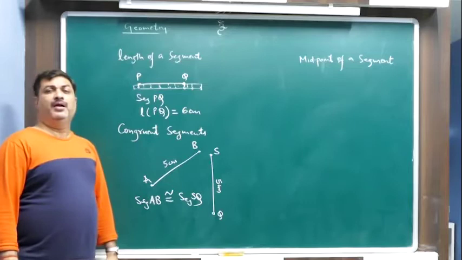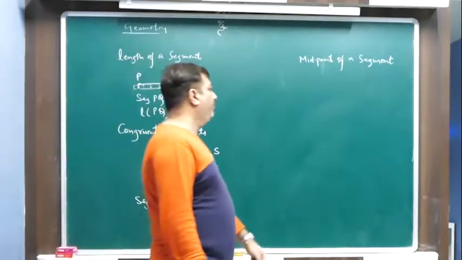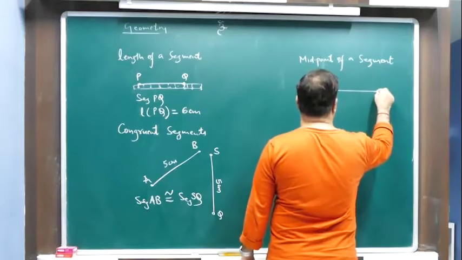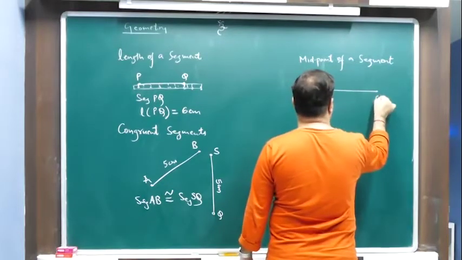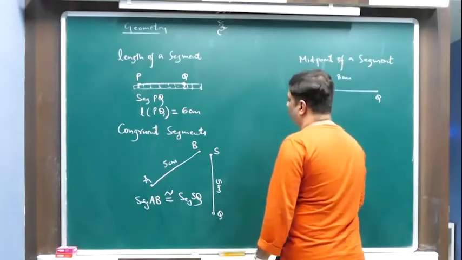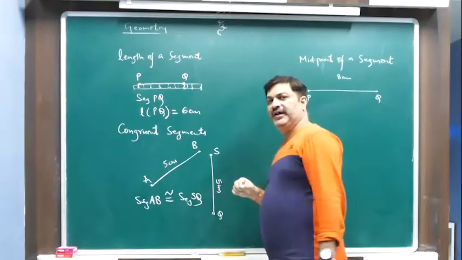What do you mean by midpoint of a segment? Midpoint of a segment means if you have got a segment PQ which is having length, let's say 8 centimeter.